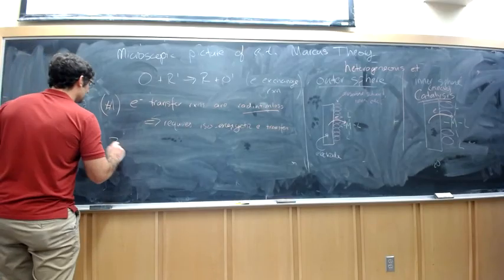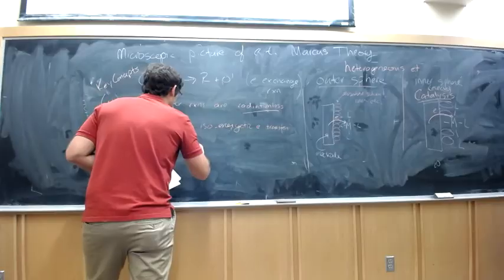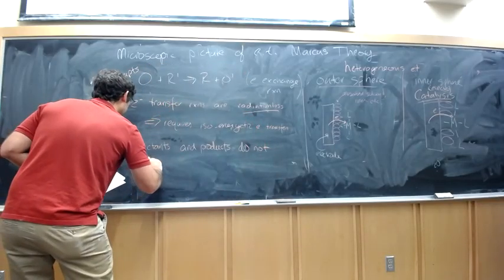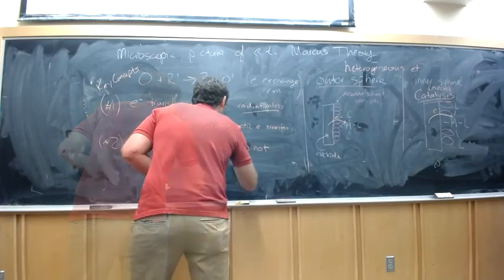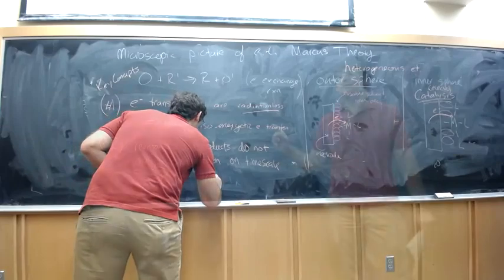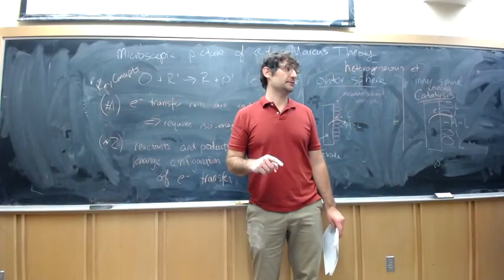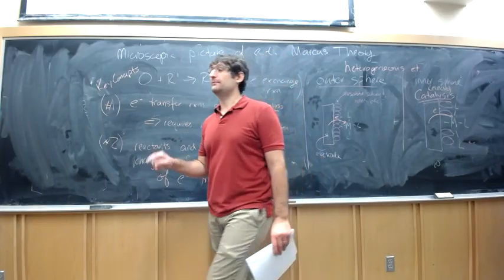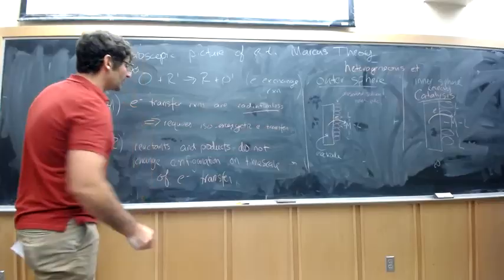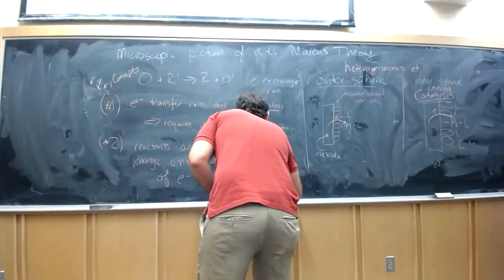And the other key concept is that reactants and products do not change configuration on the time scale of electron transfer. Electronic motion is much faster than nuclear motion. There's the Born-Oppenheimer approximation, and this is called the Franck-Condon principle.